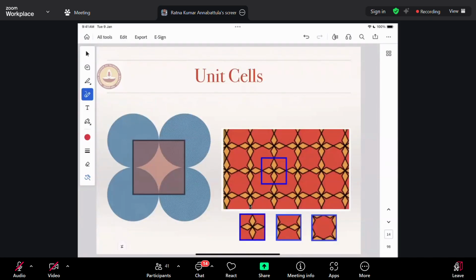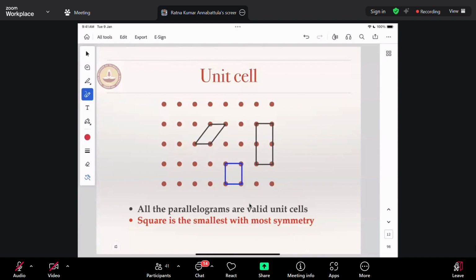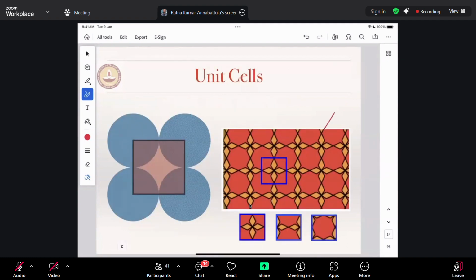So now let us look at this structure. In this structure, let us try to identify unit cells. Like in the previous case, you have 3 possible unit cells, right? Similarly, in this structure, if you look at it, this is one unit cell. And this is another unit cell. Where do you get that?